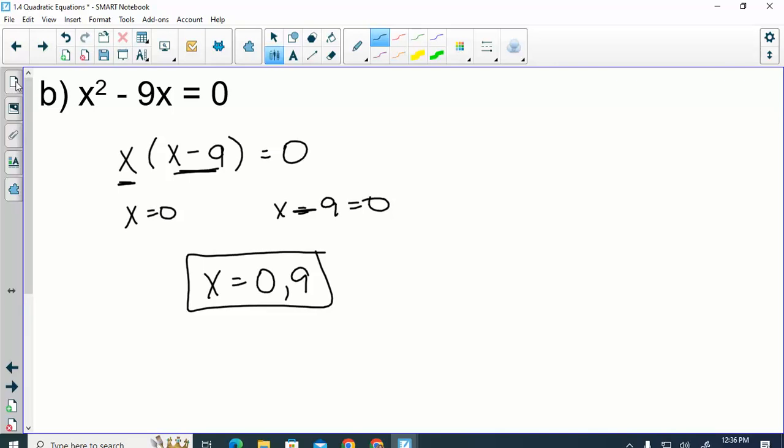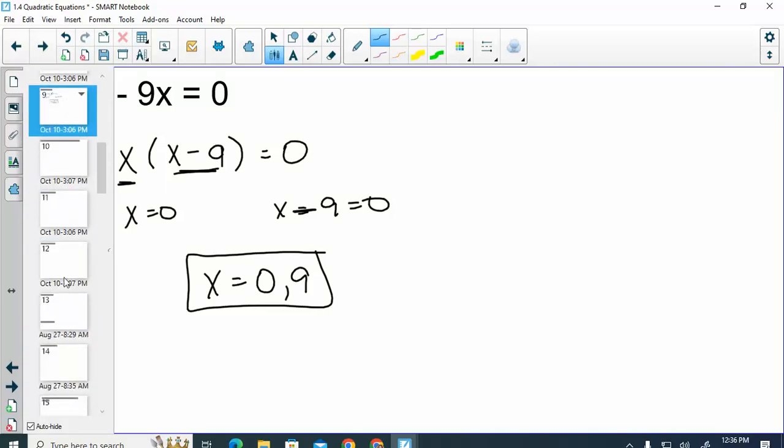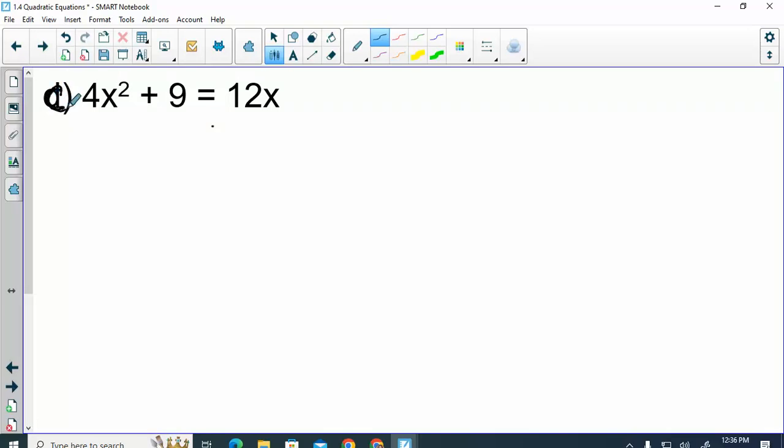Let's try and go to this one. First step, move everything to one side, so I want to keep my square positive.